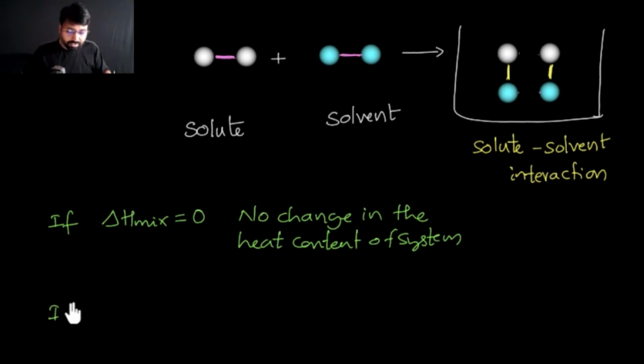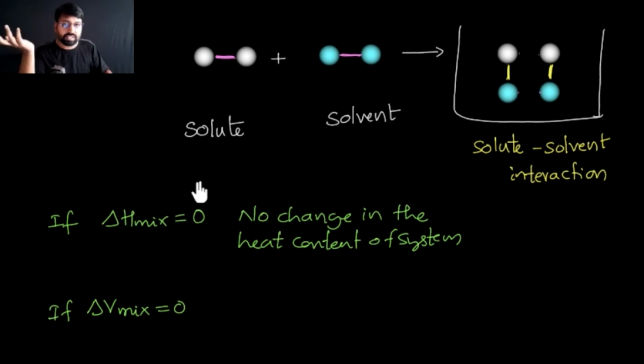Now delta V mix equals 0 means the volume of mixing is 0. Whatever volume of solute you are taking and whatever volume of solvent you are taking, when you mix together, they should be added up. If you take two liquids, 1 liter plus 1 liter, you will get 2 liters, right?